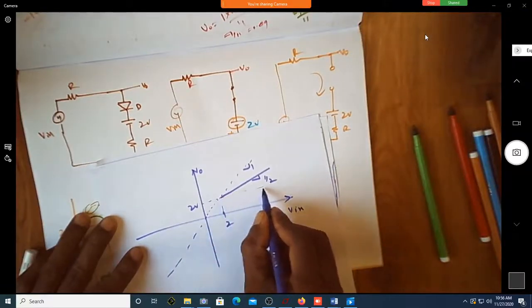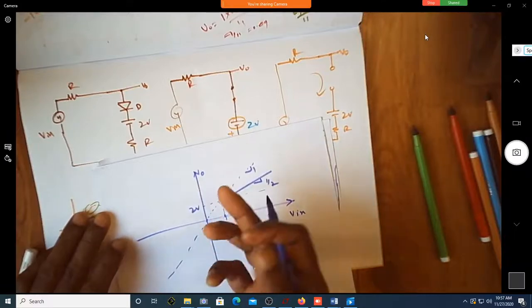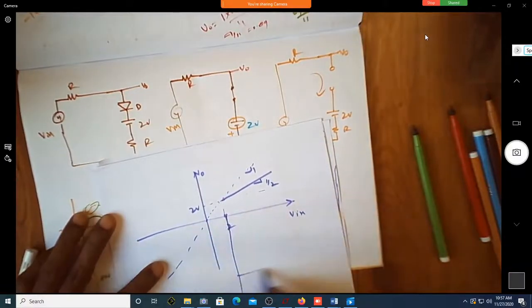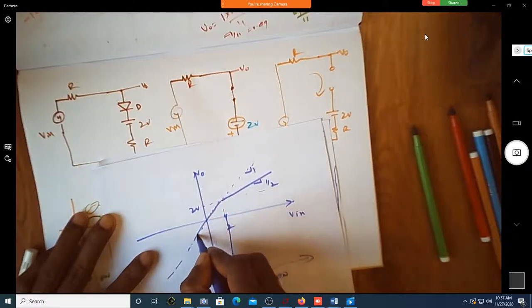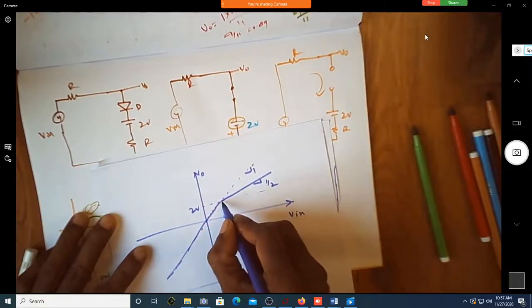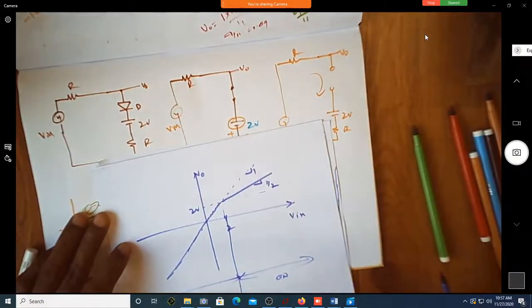Plus this 2 is already there because it is above 2 now. How about when the diode is off? So this is your D on. This is D off. When D is off, is it simply following? Yes, sir. You can see it is not flat, it is flat plus half of that slope.